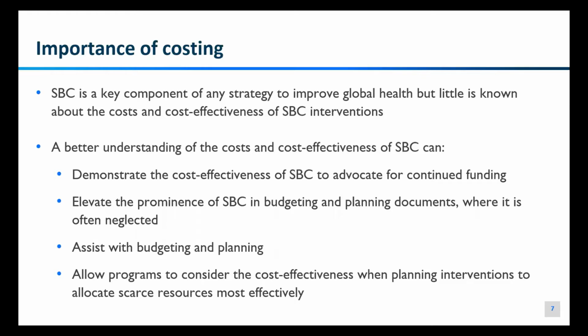In a resource-scarce environment, these can be incredibly challenging decisions, and often they are made all the more so by a lack of high-quality information on the costs and cost effectiveness of social and behavior change interventions. For USAID, this can be a significant challenge because while we know that social and behavior change is a key component of ensuring the adoption and maintenance of key health behaviors, it can be hard to justify those investments or even know how to plan.